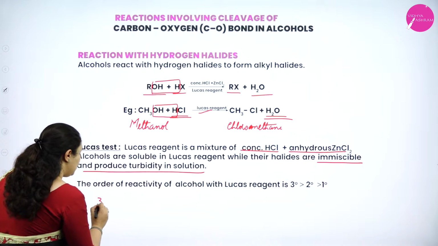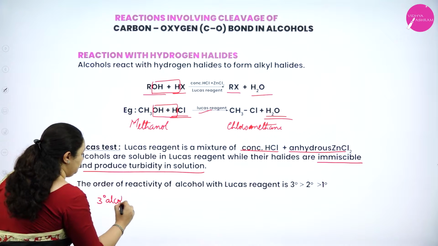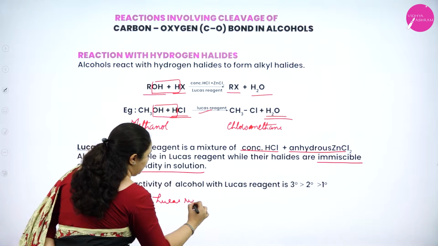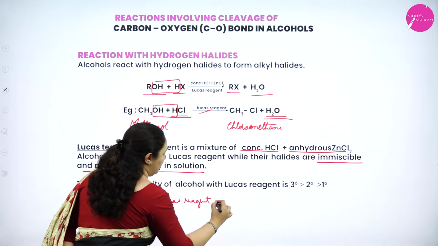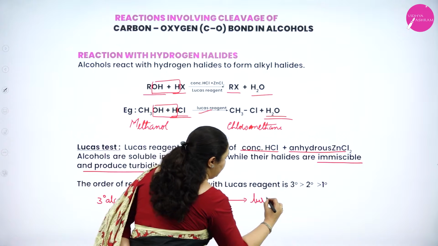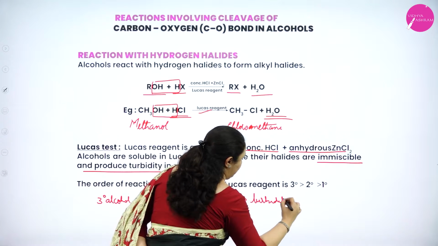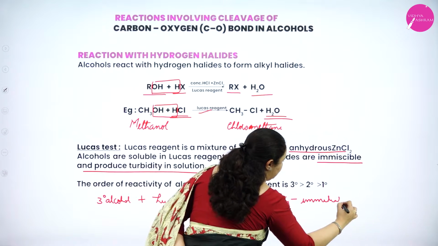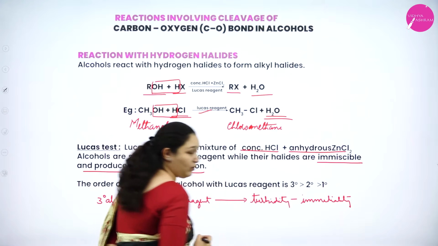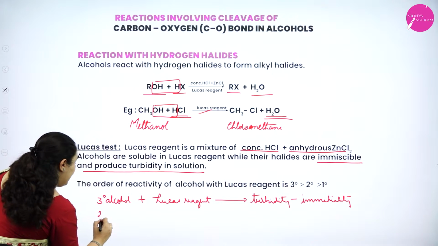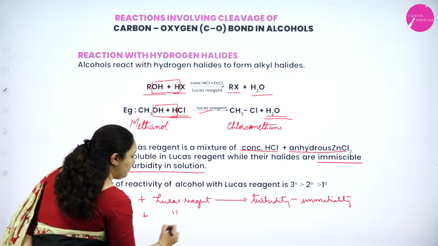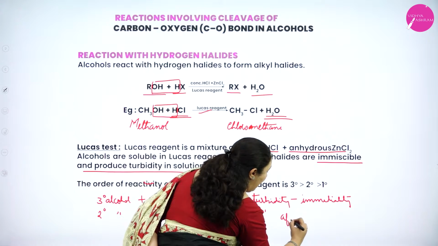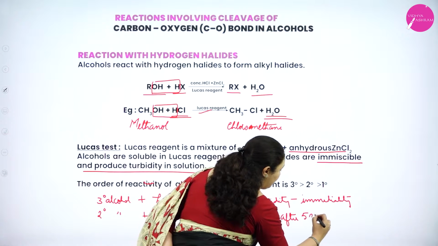If it is a tertiary alcohol, when it is treated with Lucas reagent, it gives turbidity immediately. Whereas secondary alcohol, when it is treated with Lucas reagent, turbidity is produced after 5 minutes.